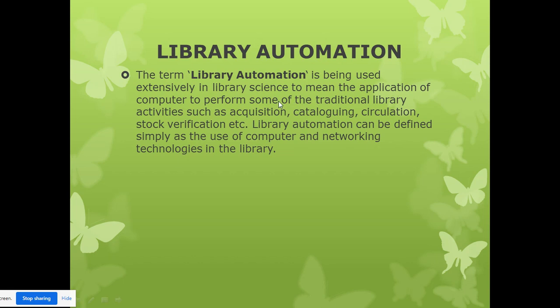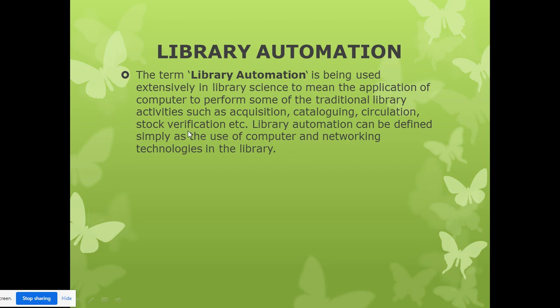Software for libraries, in which we perform activities such as acquisition, cataloging, circulation, stock verification, etc. All these activities we perform through computer software in our library, so we call it library automation.